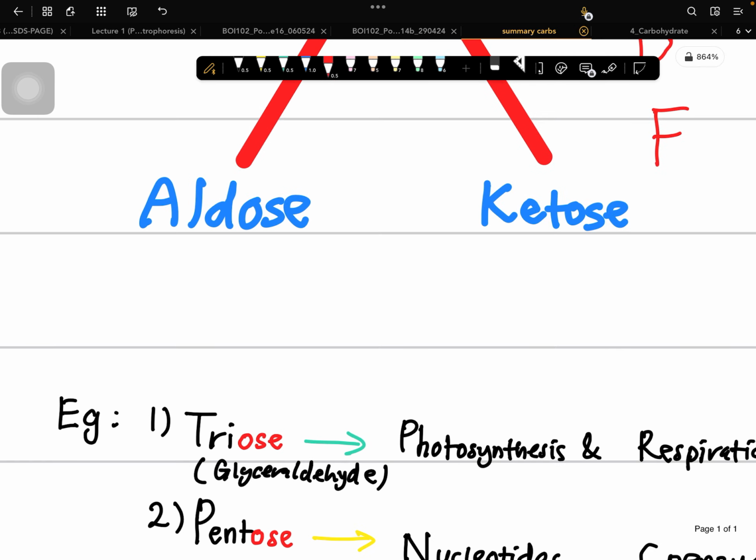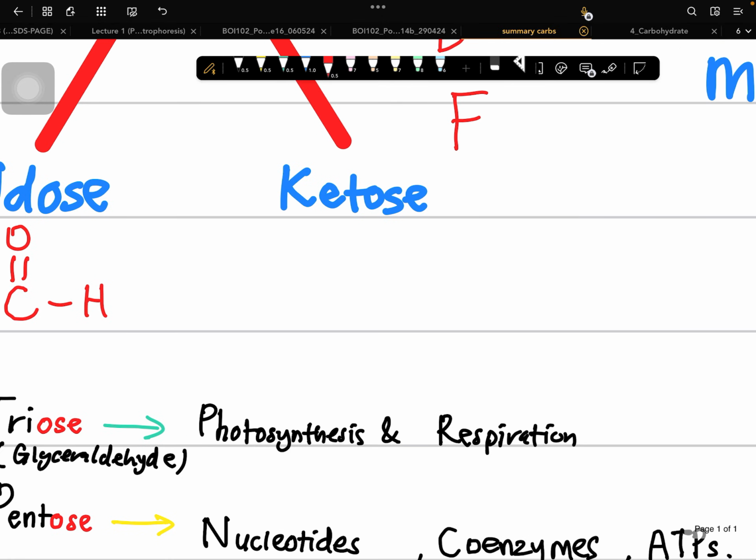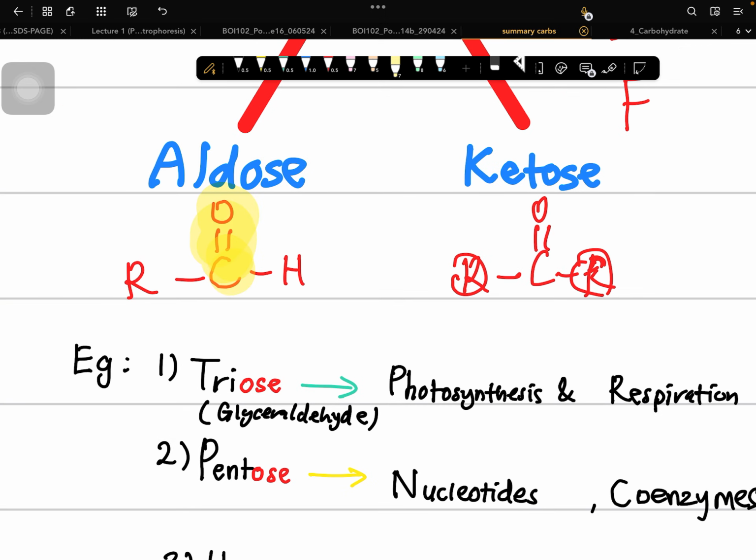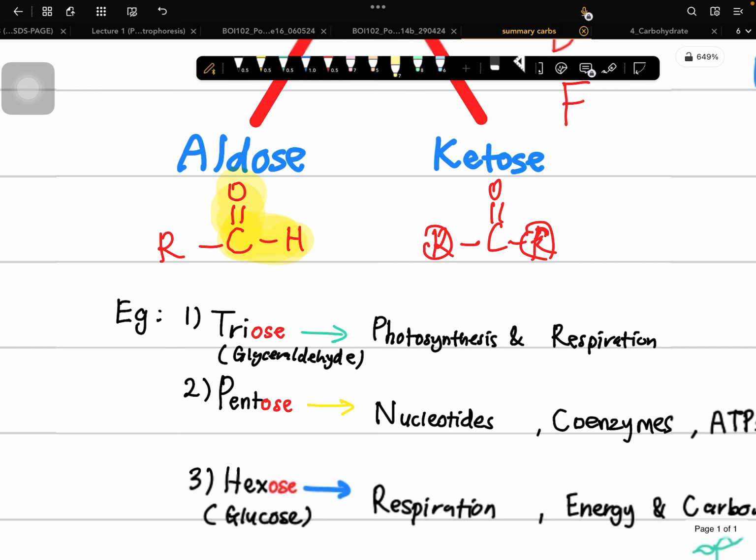So I will draw the functional group of the aldehyde, C double bond O H. This is the side chain. And for the ketones, it is C double bond O, with side chains. It could be other carbons here. So this is the aldehyde functional group.